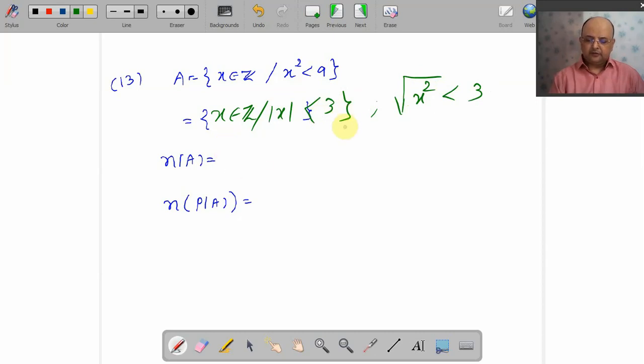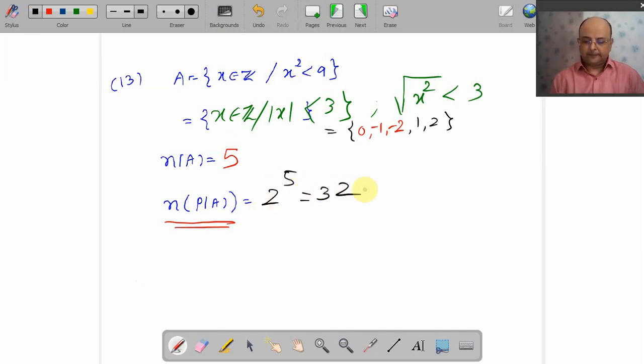You tell me what are the integers whose mod is less than 3. You will say, sir, 1 and 2. Think about it, dears, it is 0, -1, -2 also. So there are 5 elements in A, and I have asked you to find out n of P of A, that is 2 raised to 5, that is 32.